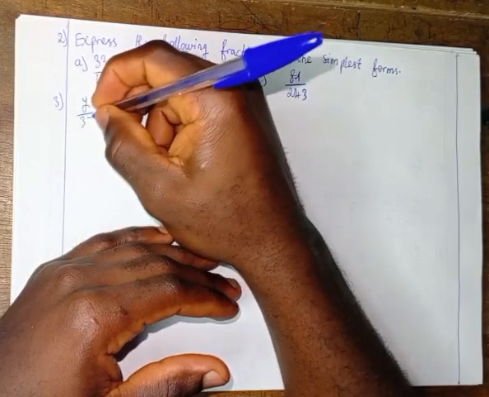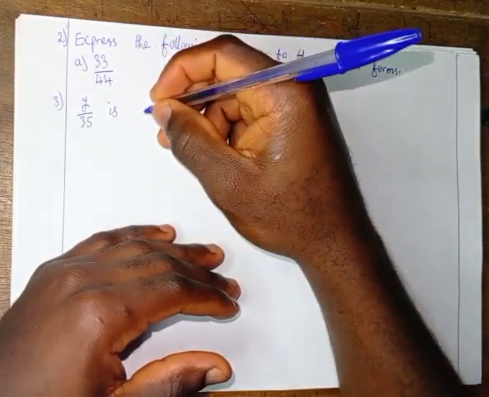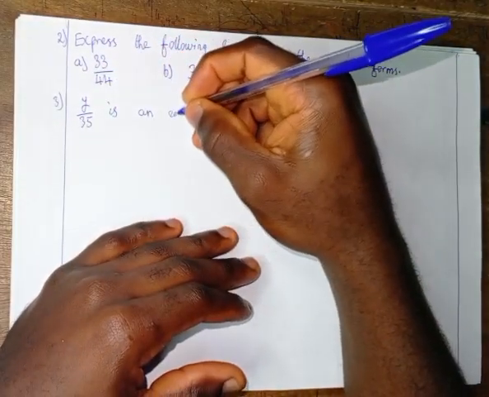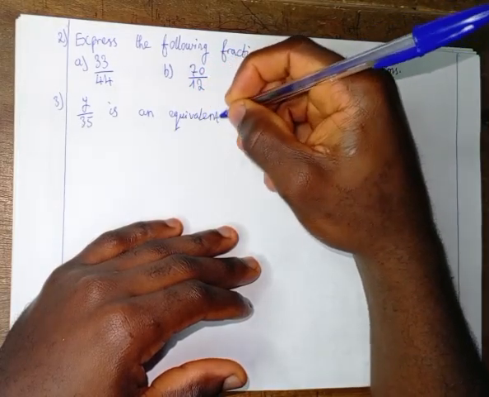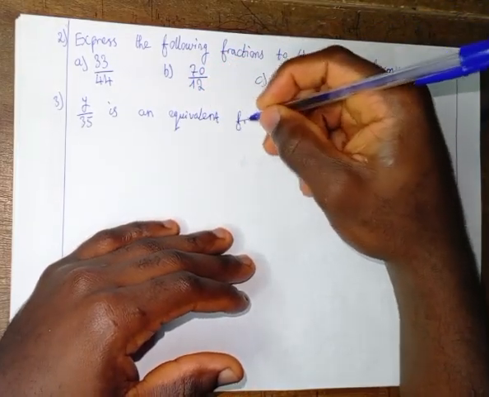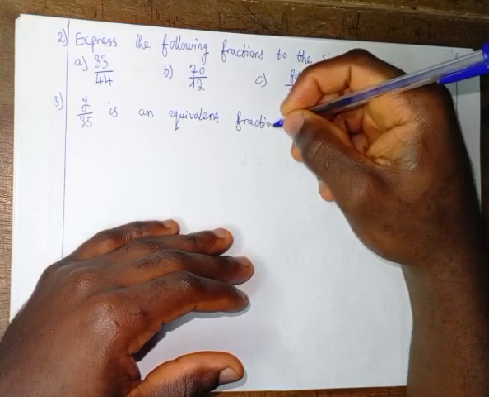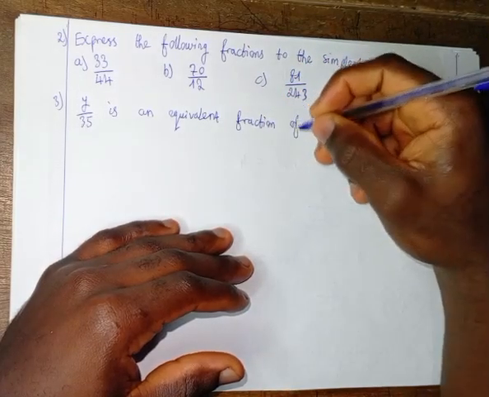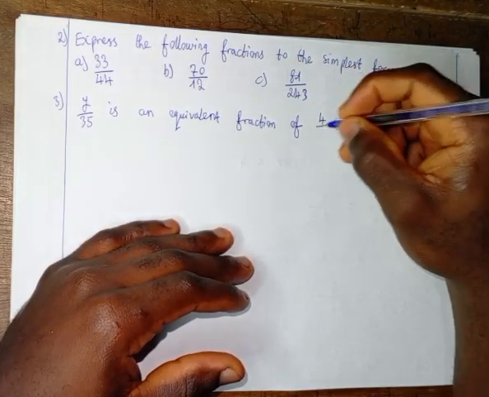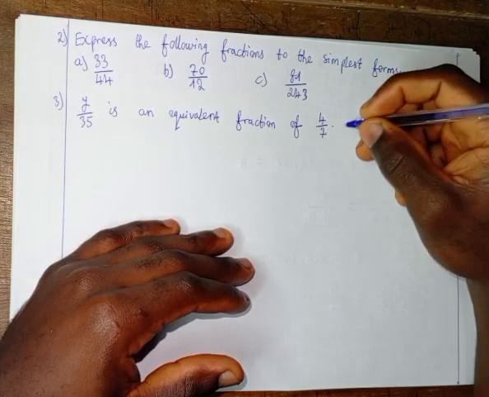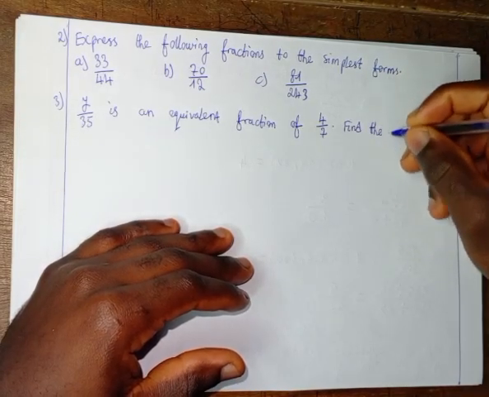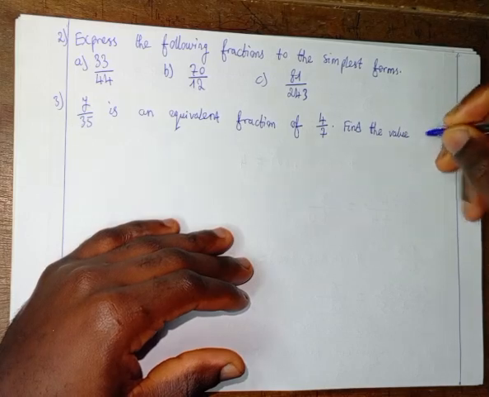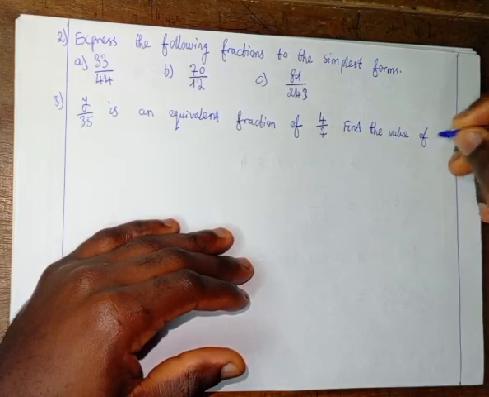Question 3: y all over 35 is an equivalent fraction of 4 over 7. So find the value of y.